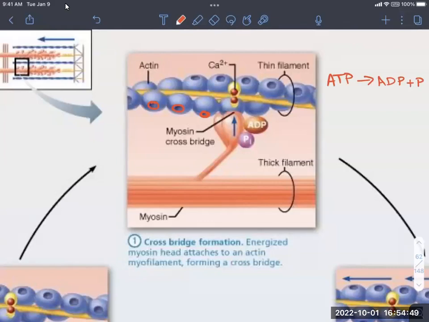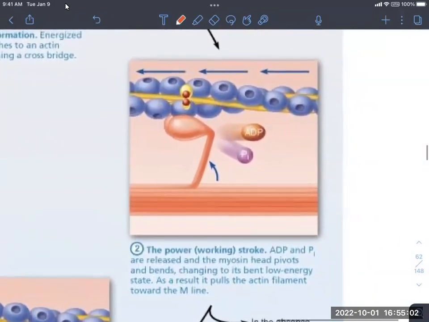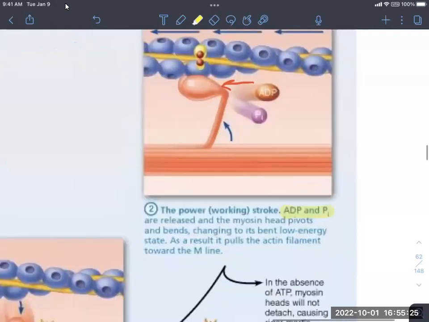So in this first step, we have our myosin head attaching to our actin. We have ADP plus this phosphate. So what happens next? You see this myosin head went in this direction. It tilted its head. By doing that, it lets go of the ADP and that phosphate. And that's causing your muscle to start to contract.